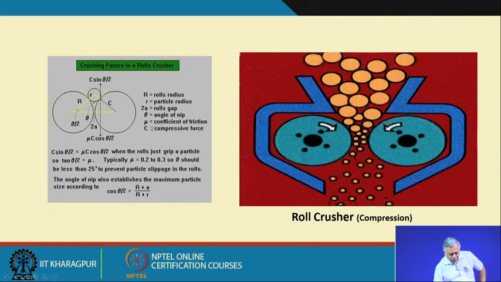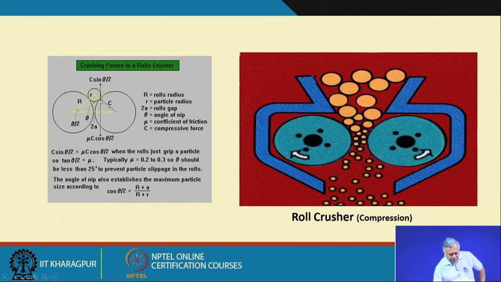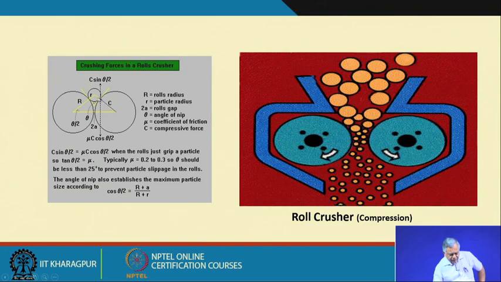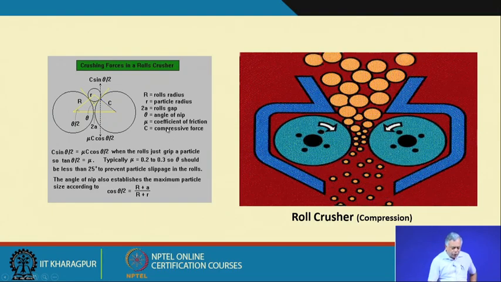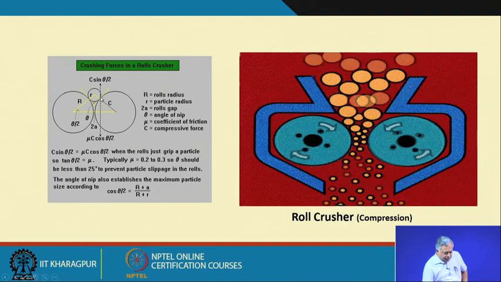Suppose capital C is the compressive force acting in this direction, because when the material is falling, the compressive force will act in this direction. What happens if I do a simple force balance at this point?